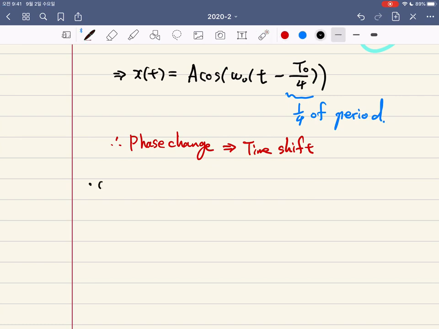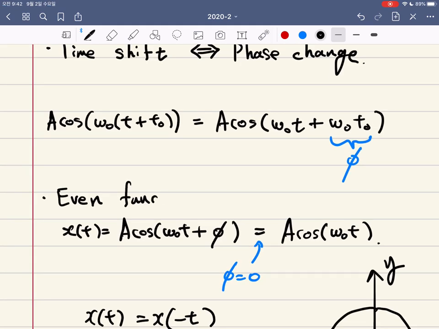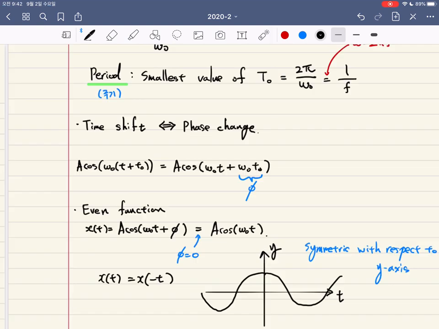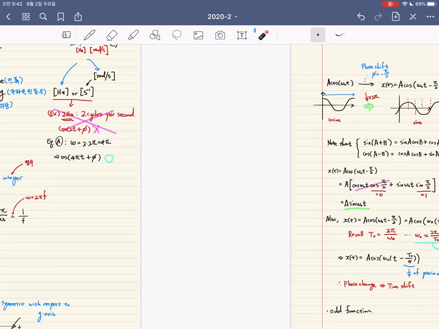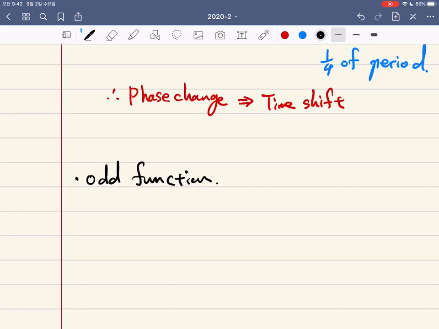Lastly, we have the odd function. There are the even function and the odd function among sinusoidal waves. For the even function we have this kind of definition, and the odd function's definition is as follows: x of t equals minus x of minus t.